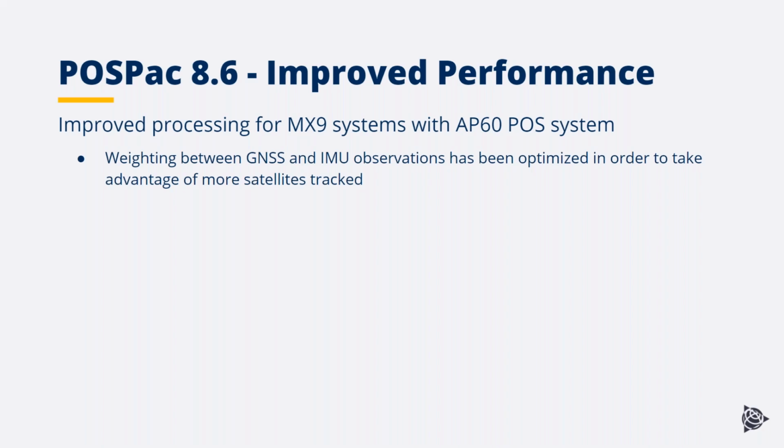For example, now we can easily track up to 30 satellites, even more, because we have always had GPS and GLONASS, but now we also have the European system Galileo and Chinese system Beidou. So this whole computation in the background has been tweaked to work better now. And in a simple way, the users of AP60 system will benefit from improved overall positioning accuracy.